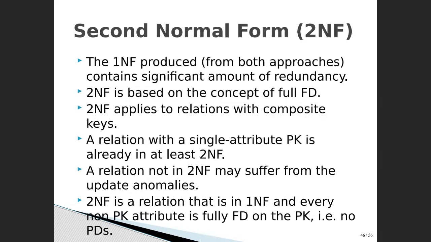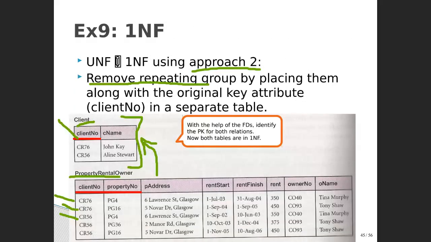Still, in this relation we can see redundancy. The client number will be repeated for all these attributes. The same branches are also repeated, again with the branch address.